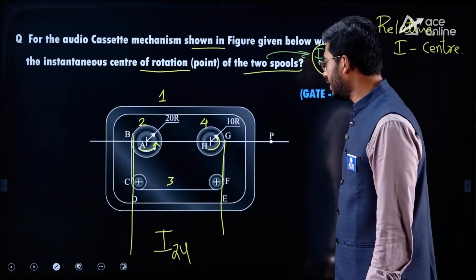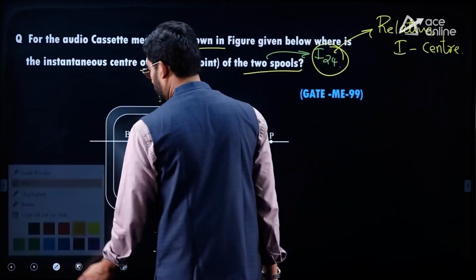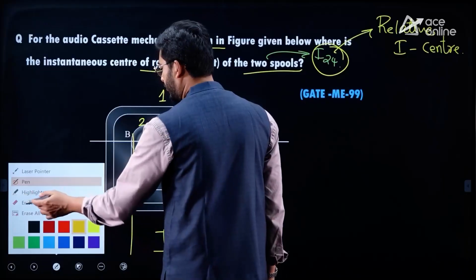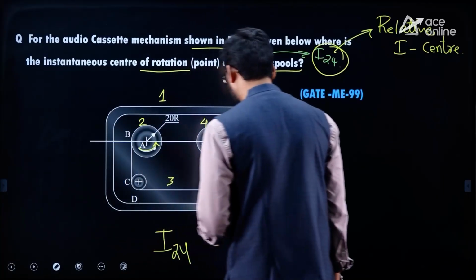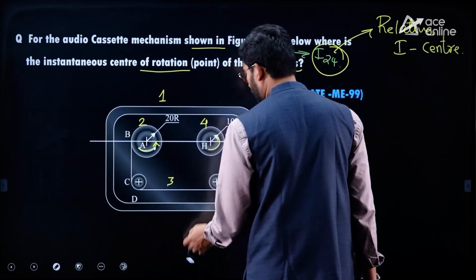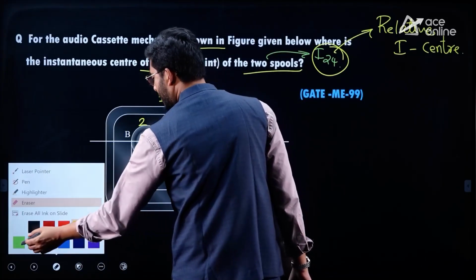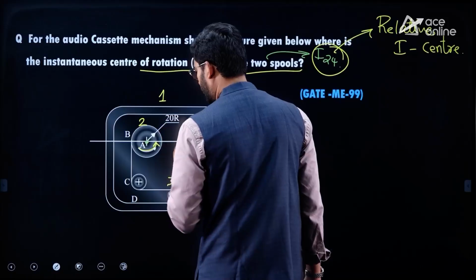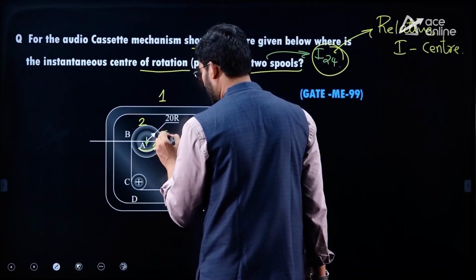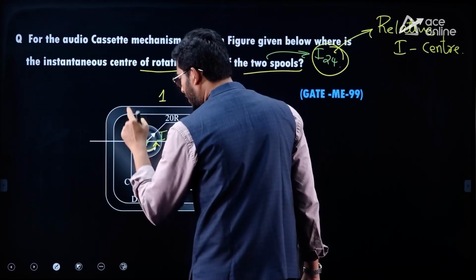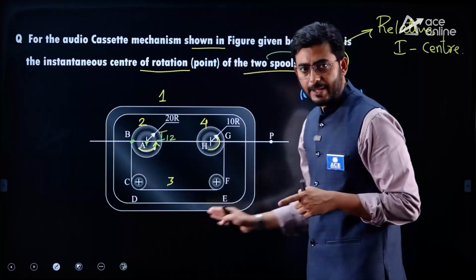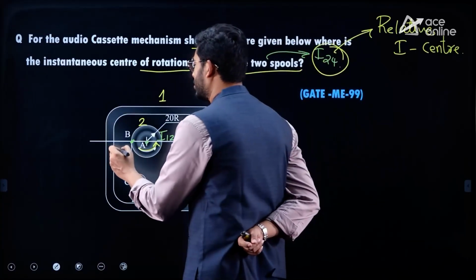Now let's do the numbering here and try to predict the location of I24. If we start with the numbering, this would be the center of rotation of spool 1, this would be I12, and between link 2 and the tape itself there is going to be a formation of higher pair.